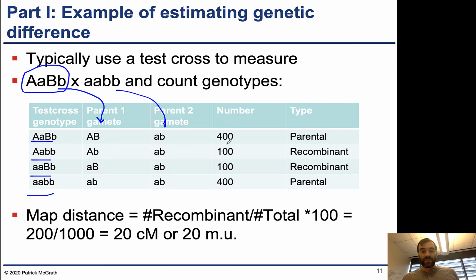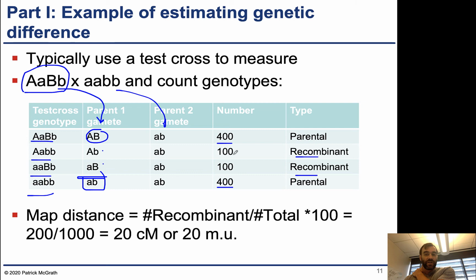In this case, these are the 2 highest categories, so we know that this and this were the original parental gamete combination in this individual right here. We also know that the recombinant gametes, the less frequent ones, are this and this right here. Now if we want to calculate map distance, it's straightforward.